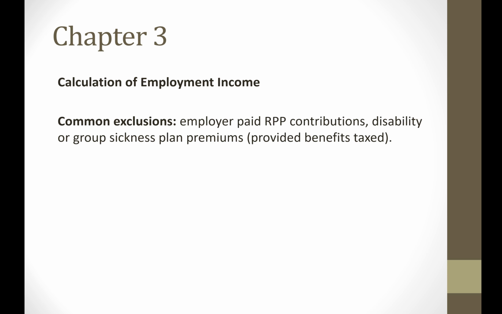So that's basically a tax-free benefit. Also, certain premiums paid on disability and group sickness plans are not included as a taxable benefit. So those are good things from an employee perspective.